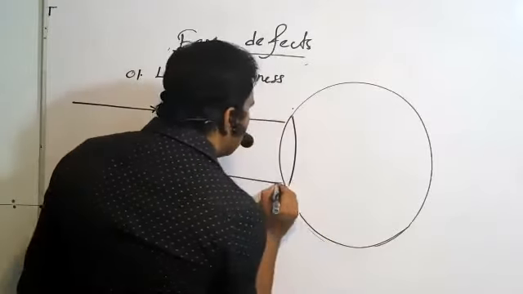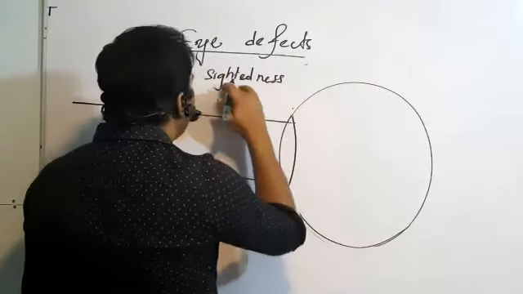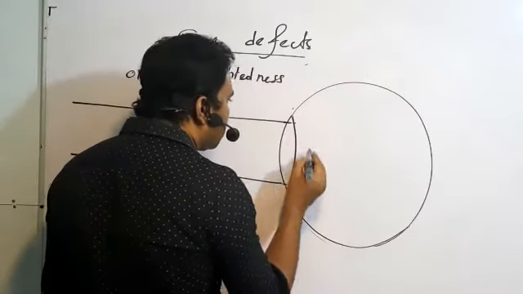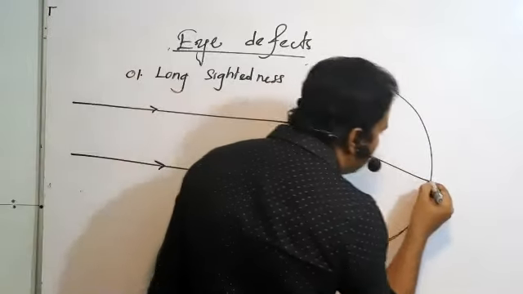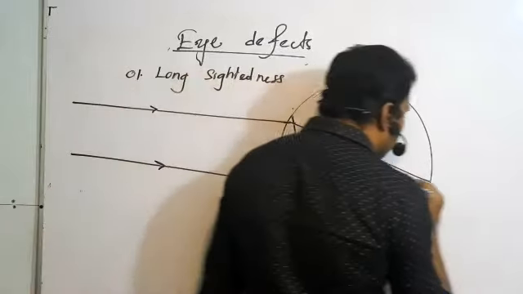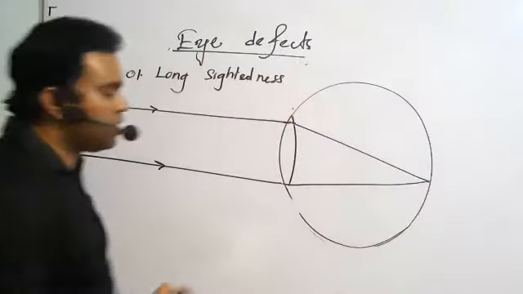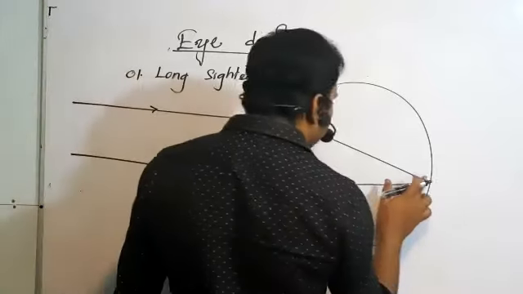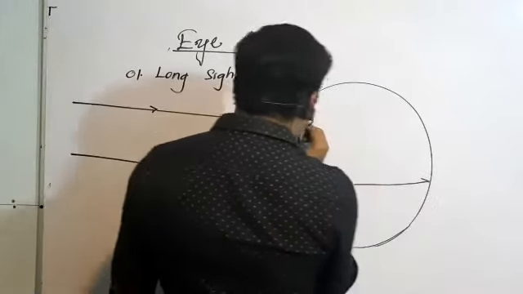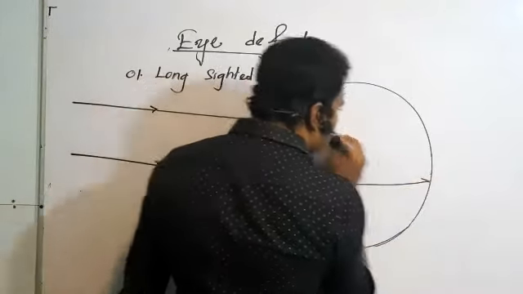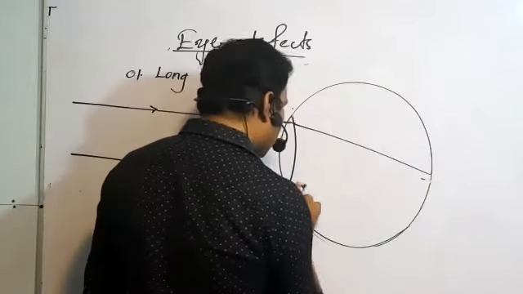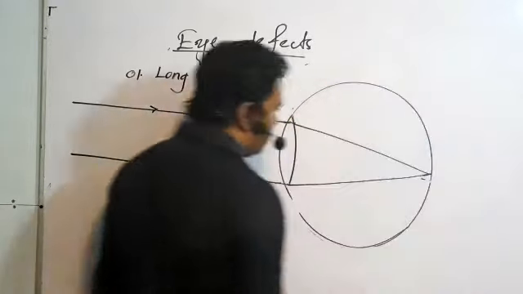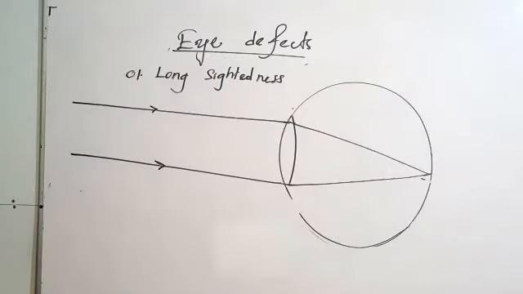So long-sightedness means objects far away can be clearly observed, because the light is clearly focused onto the retina. No problem with that. Now the image is formed.